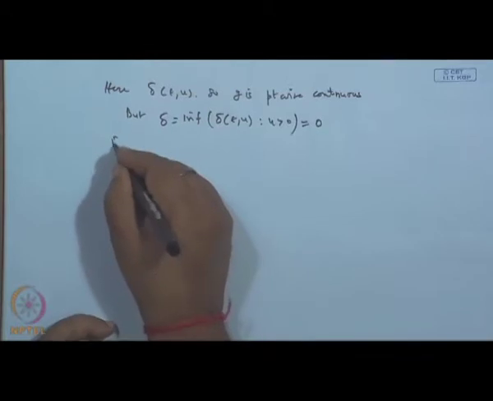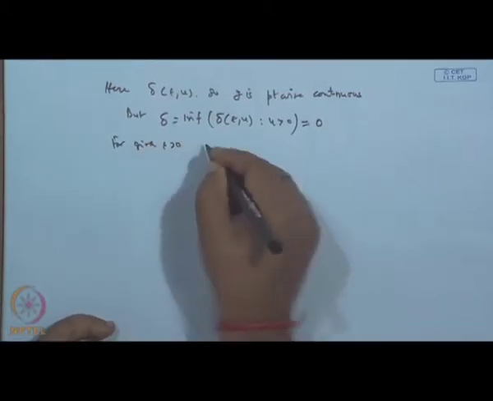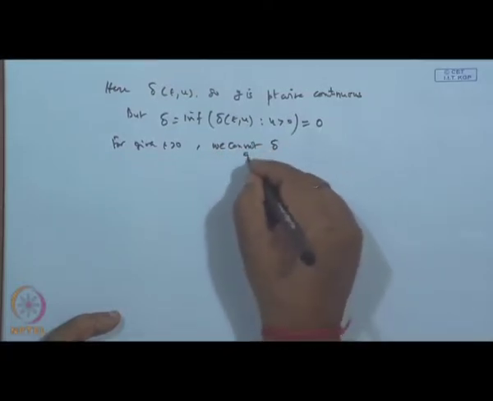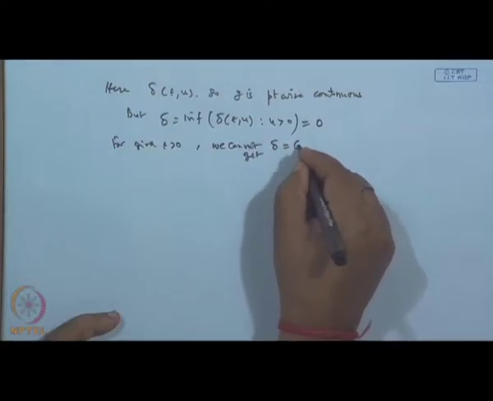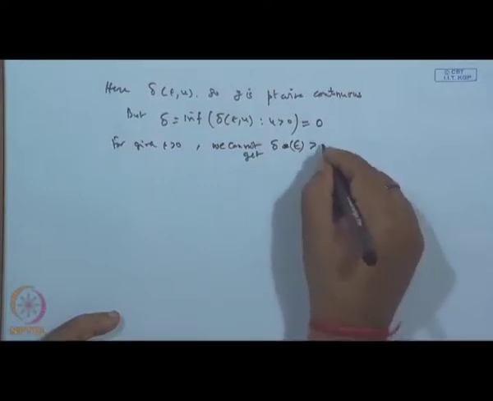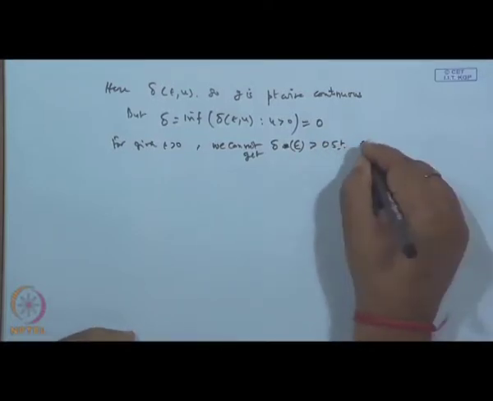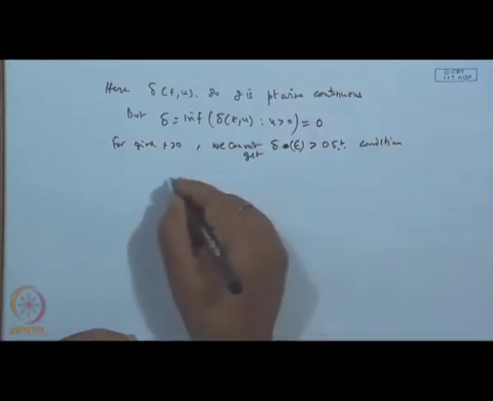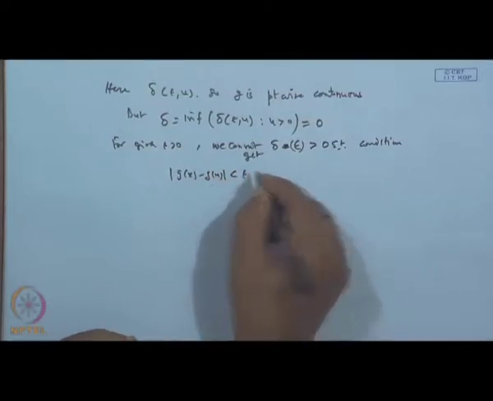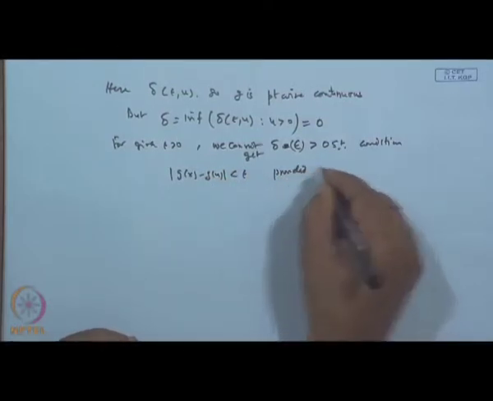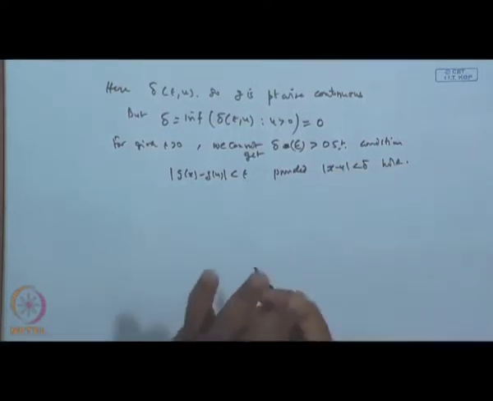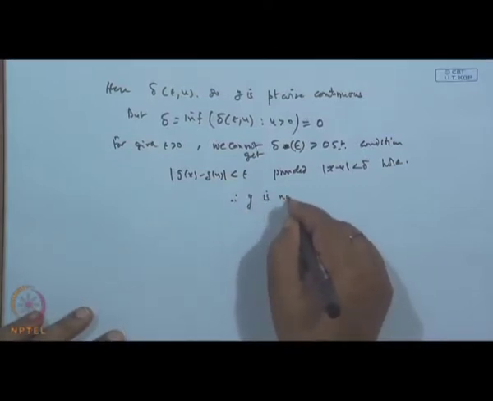For a given epsilon greater than 0, we cannot get a delta which depends only on epsilon and is greater than 0, such that the condition |g(x) minus g(u)| less than epsilon holds, provided |x minus u| is less than delta. This we cannot get. Therefore, g is not uniformly continuous.